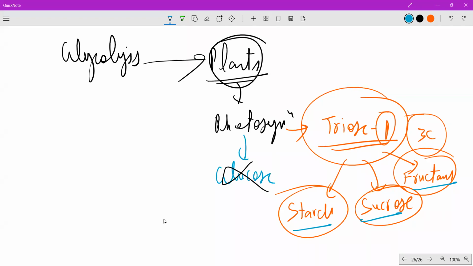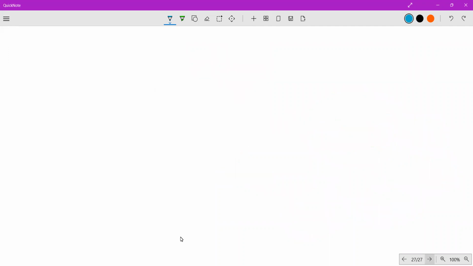So how do we start glycolysis in plants? We'll start from here, because this is the stored form. When I start glycolysis in plants, I have to start with sucrose.